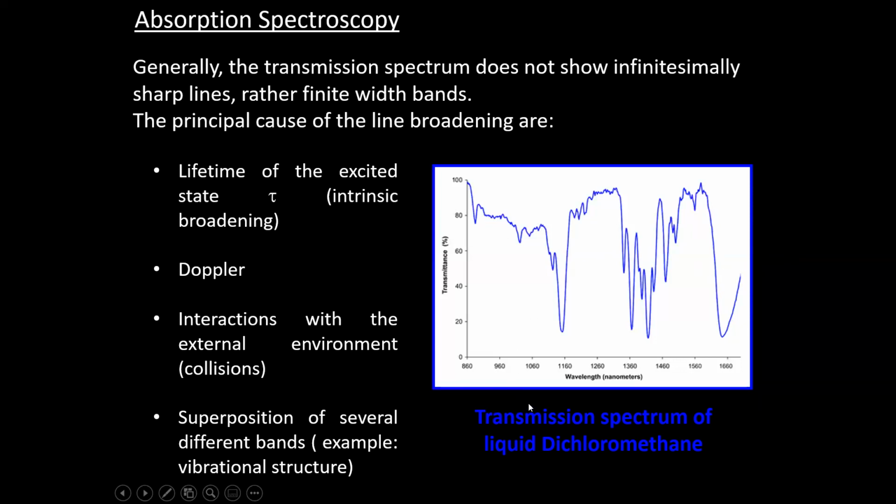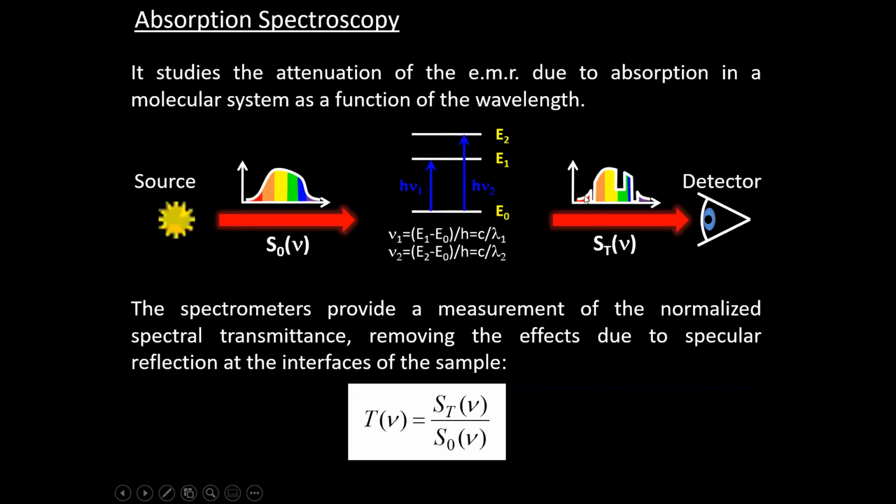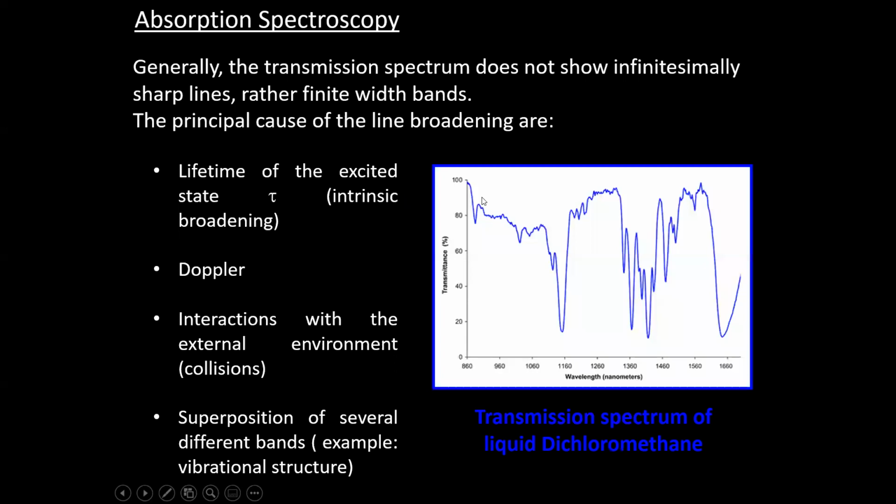So when you work with real molecules, it is very hard to compare the spectrum that you get with the theoretical spectrum that you expect from the structure of the molecule, which you can calculate with any chemistry software. Very often you do not have sharp lines, but broadened peaks.